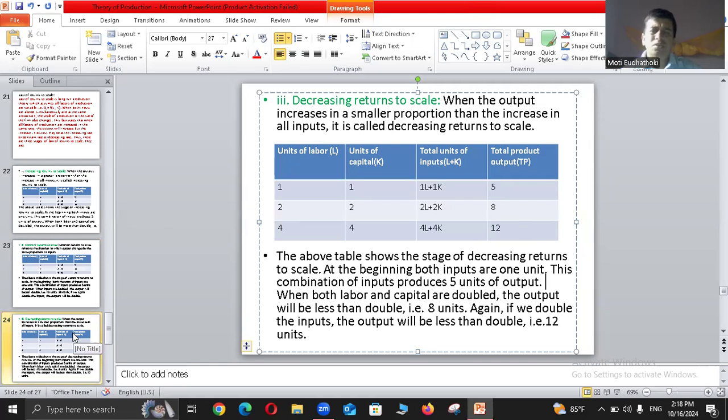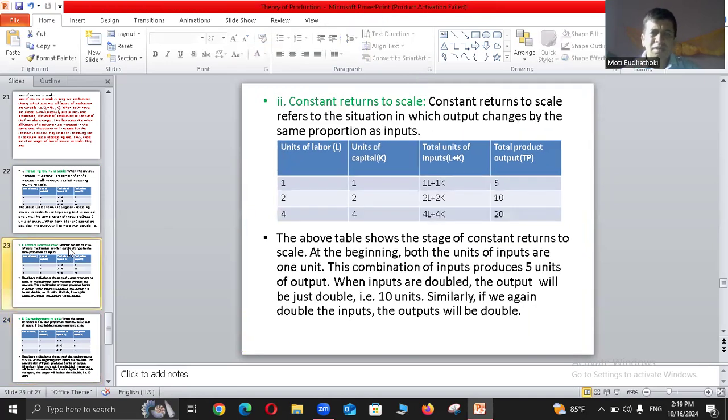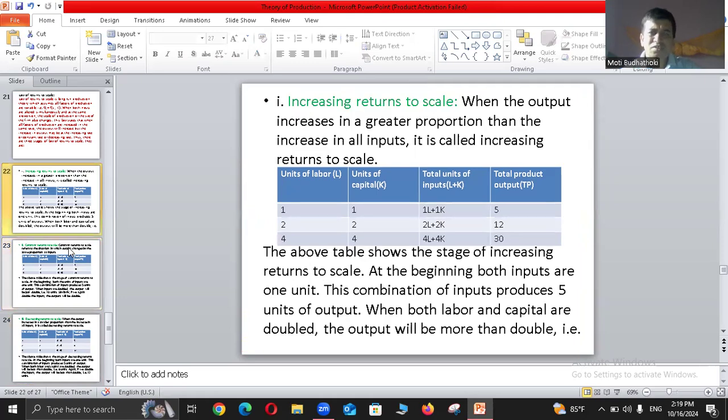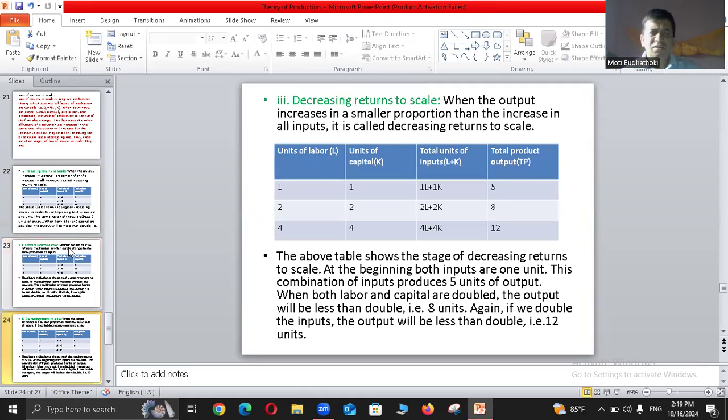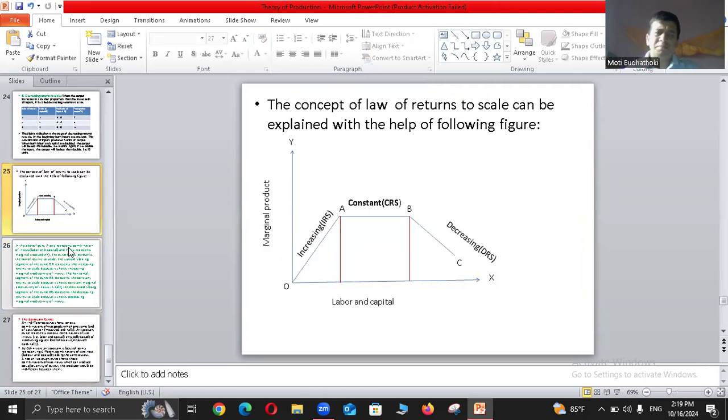Now we can show these 3 stages in the following figure. You can see with the help of this, at first increasing returns to scale, then constant returns to scale, and decreasing returns to scale. By the help of this figure, we can clear the concept of the law of returns to scale. We keep marginal product on the y-axis and labor and capital on the x-axis.